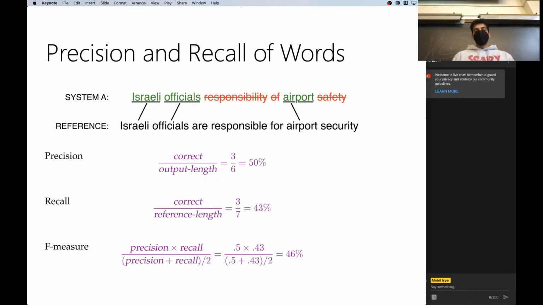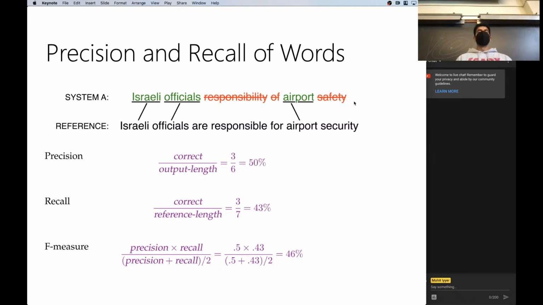Okay, so one very simple way of evaluating a machine translation output is, given a reference, just compute the precision and recall of the words that are produced by the machine translation system compared to this reference. So here I have system A. It produced "Israeli officials' responsibility of airport safety."